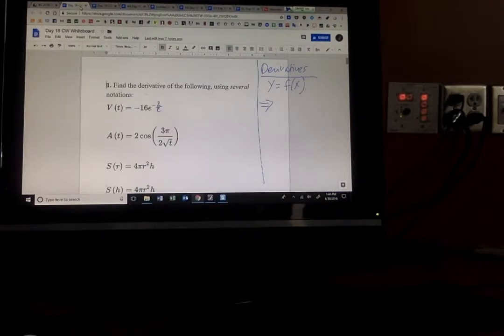Calculus was invented simultaneously. They were contemporaries. The British mathematician Newton invented calculus, derivatives, and also at the same time the German mathematician Leibniz. So they had different notations for derivatives. One of them did y dash, same thing as f dash of x. We are comfortable with that notation. But today you're learning something new.